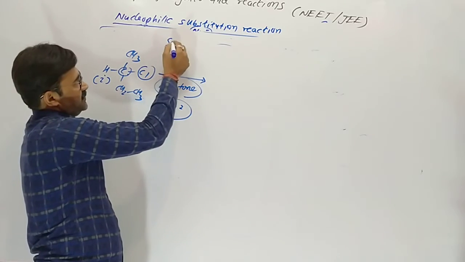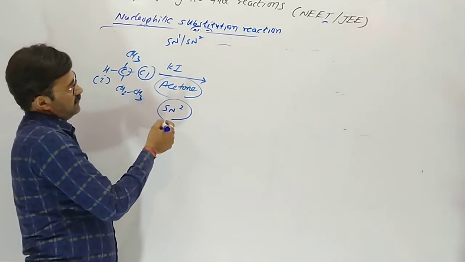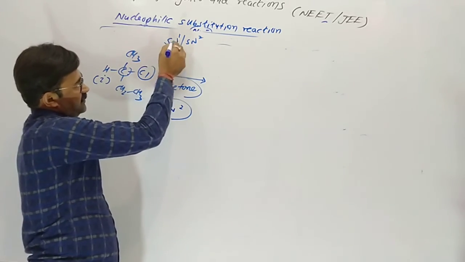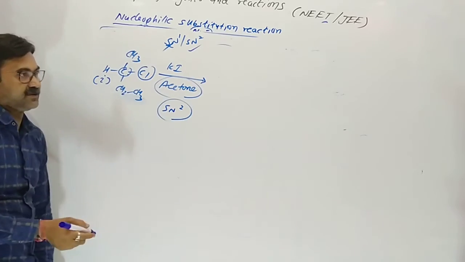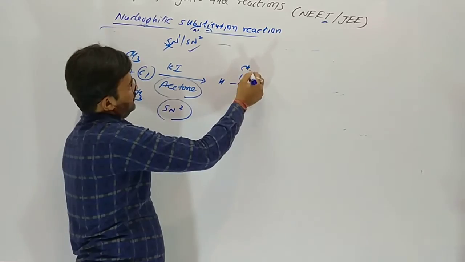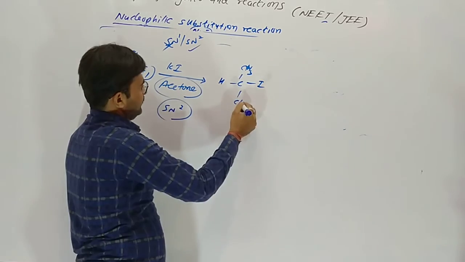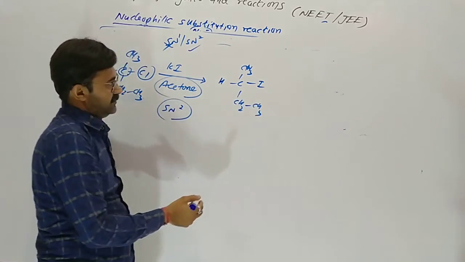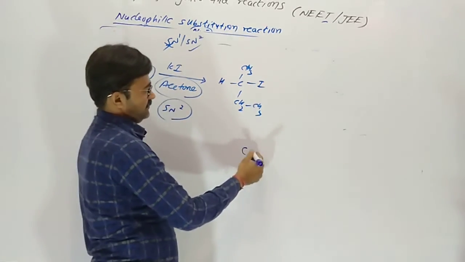So there are 2 possibilities, SN1 and SN2. But our solution is not aqueous, so SN1 is not given, but SN2 is. SN2 means one step. So chlorine is replaced and iodine combines there. But the attack occurs from the opposite side.